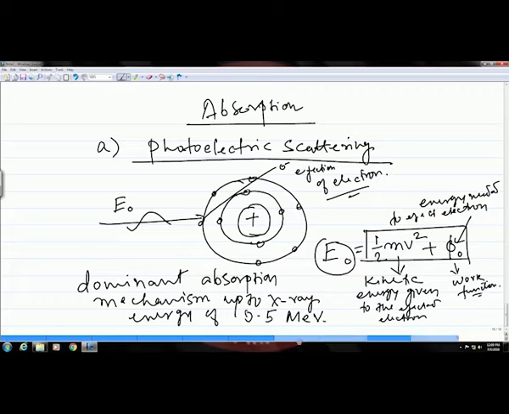Okay. So, this is one such atomic scattering event which leads to absorption of X-rays.